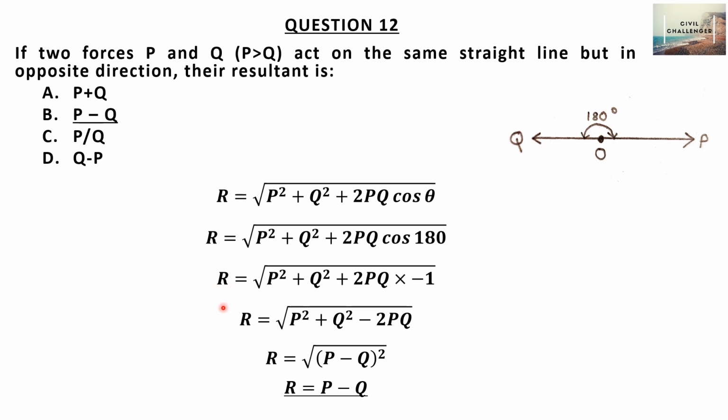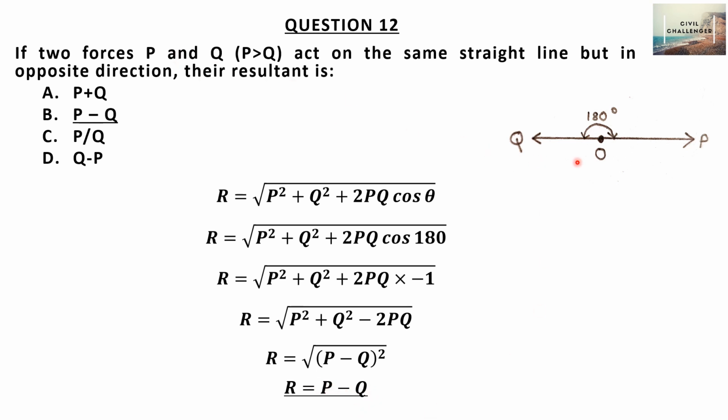So R is equal to square root of P square plus Q square plus 2PQ into -1, which will give P square plus Q square minus 2PQ in this root, and this is a general form, like a minus b the whole square is equal to a square plus b square minus 2ab. So simplifying, we'll get square root of P minus Q the whole square, and the simplified result will be the resultant of two forces is equal to P minus Q.